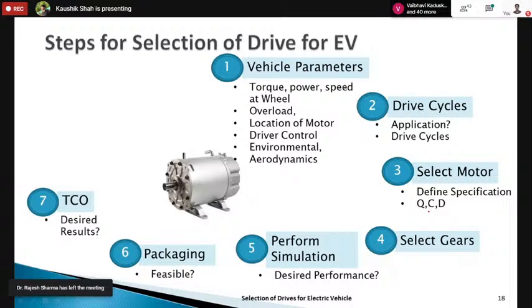Then very important is the TCO, which is total cost of ownership. Definitely when you do this, it gives a certain amount which is required to be spelled out, right? Now at vehicle level, you have certain cost targets, and you perform this back through your TCO model and see whether it gives you benefit, right?